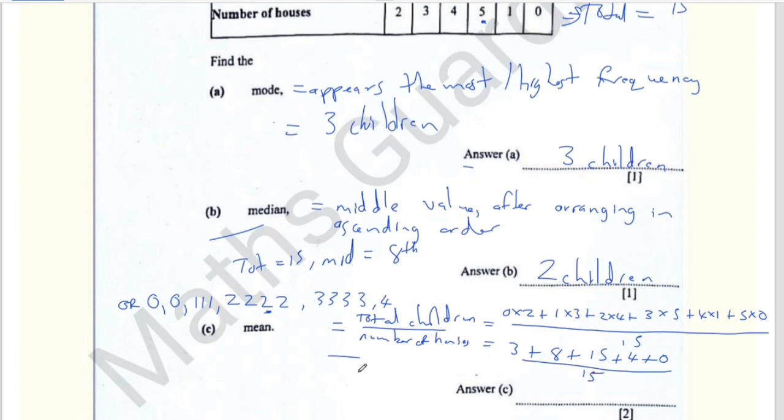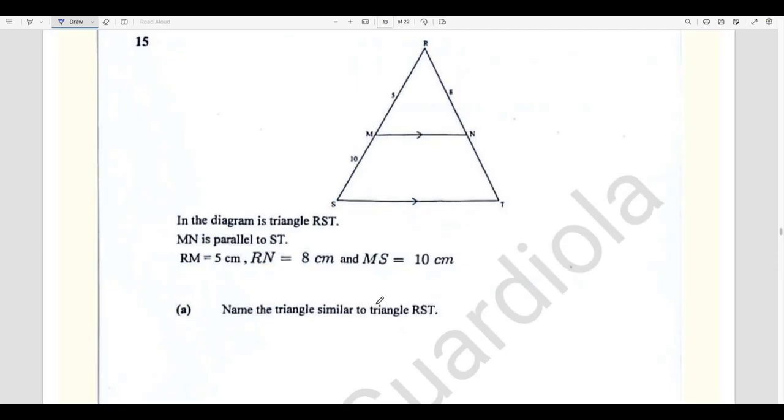Then we simply add 15 plus 8, that's 23, plus 3, 26, plus 4, 30. So that will be 30 over 15. And then we divide 30 by 15, we get 2. So our mean is 2 children, okay? 2 children per house.